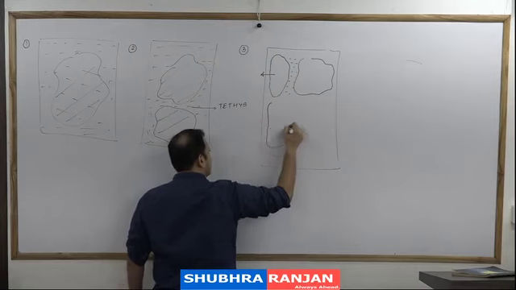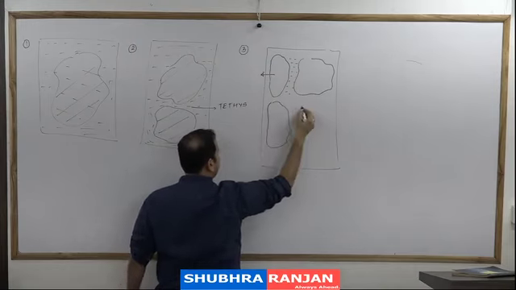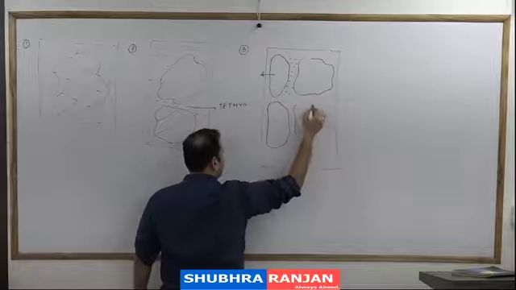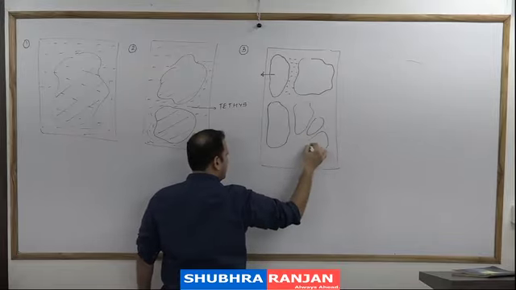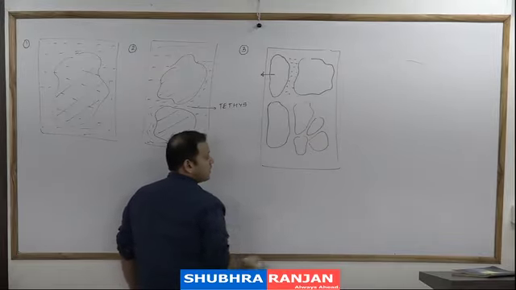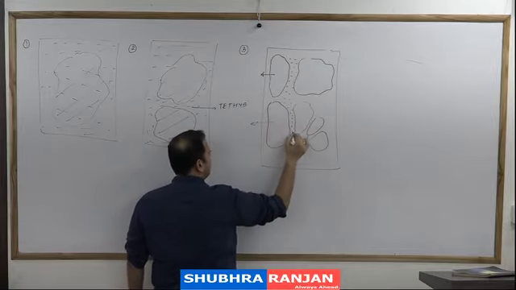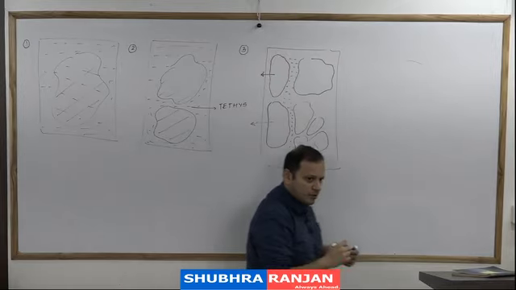Then South America broke from the other parts of Gondwana land, that is Africa, maybe peninsular India, Madagascar, Australia, Antarctica. The westward movement of South America resulted in the S-shaped Atlantic Ocean.